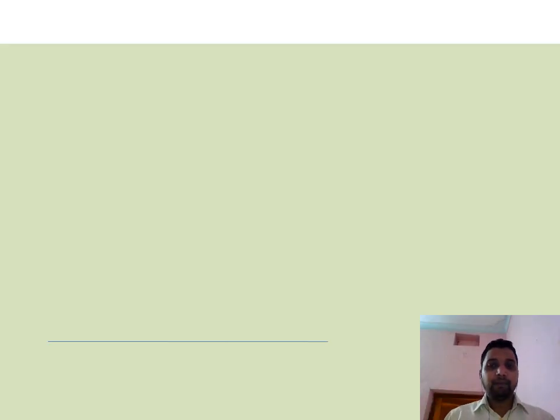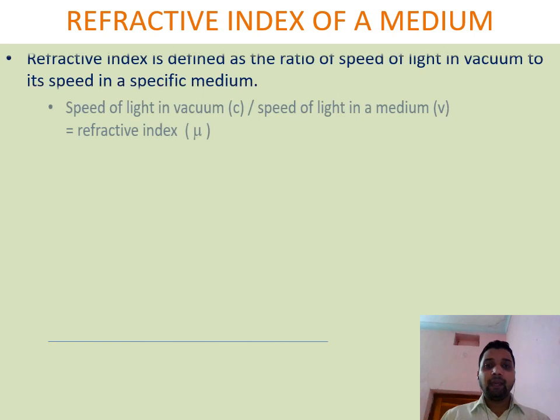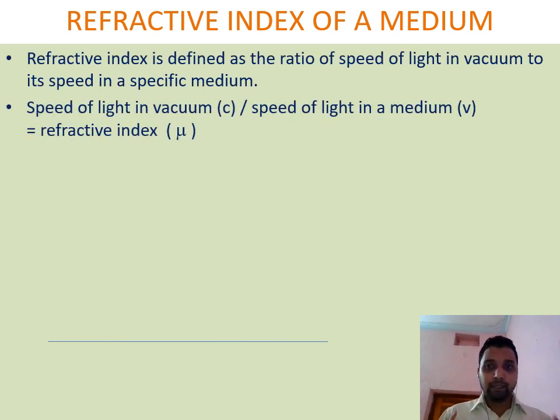Refractive index of a medium. We have sin i by sin r, but when the light is passing from one transparent medium to another, if we compare the speed of light in that particular medium with the speed of light in air, we also get the refractive index. Refractive index can be defined as the speed of light in vacuum or air to the speed of light in a specific medium.